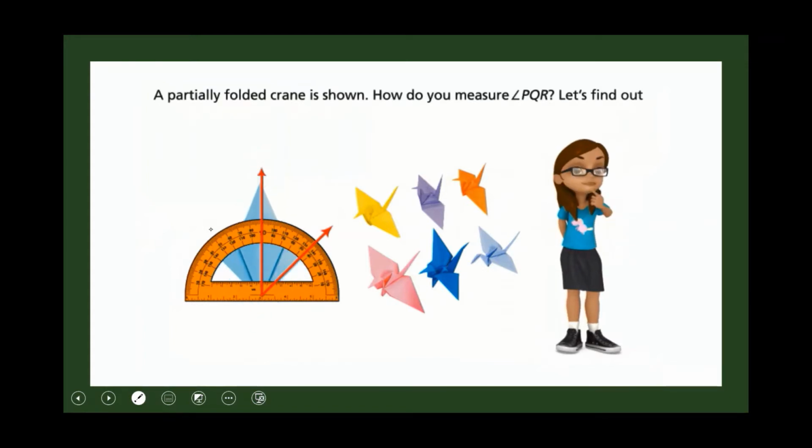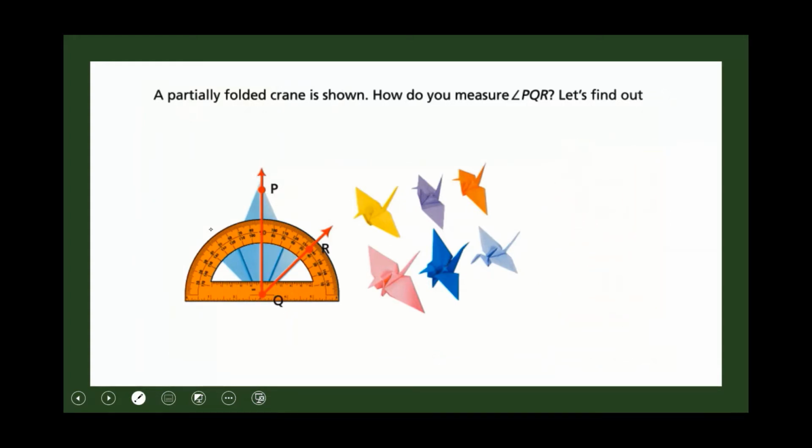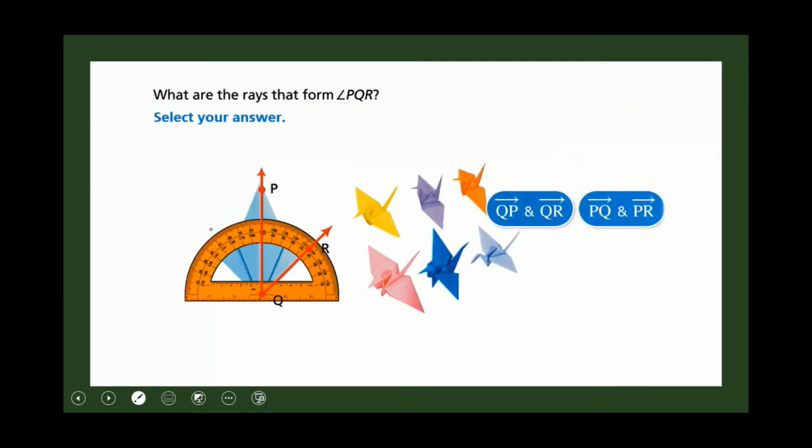A partially folded crane is shown. How do you measure angle PQR? Let's find out. What are the rays that form angle PQR? Select your answer. Can you tell me what are the rays over here that forms angle PQR? QP or QR? Excellent.